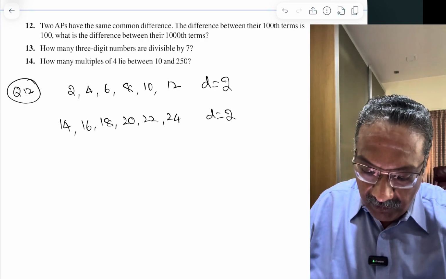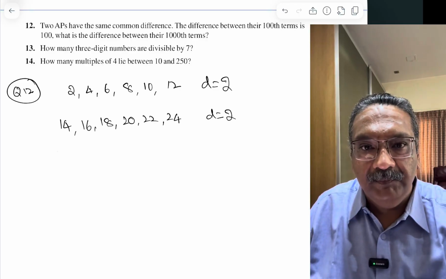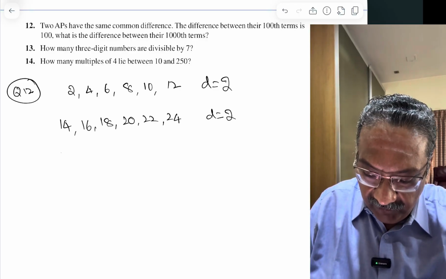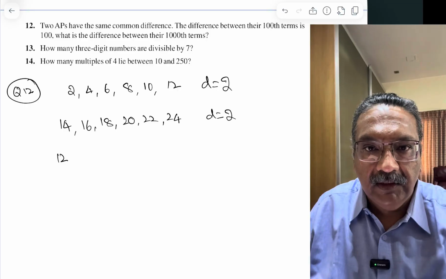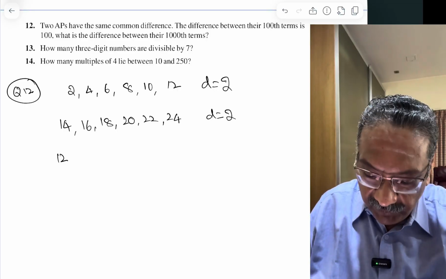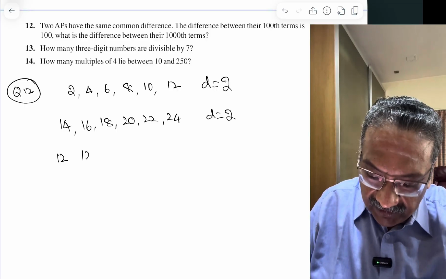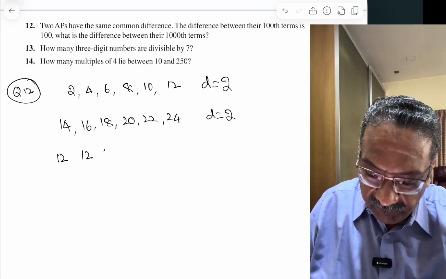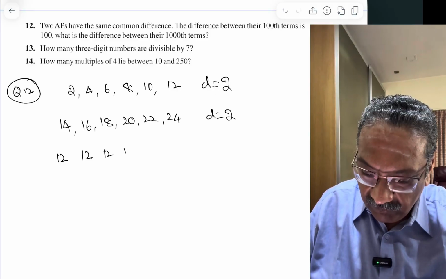Now, what is the difference between the first terms, 2 and 14? It is 12. Similarly, the difference between the second terms is also 12, between the third terms is 12, and the fourth terms, 12.